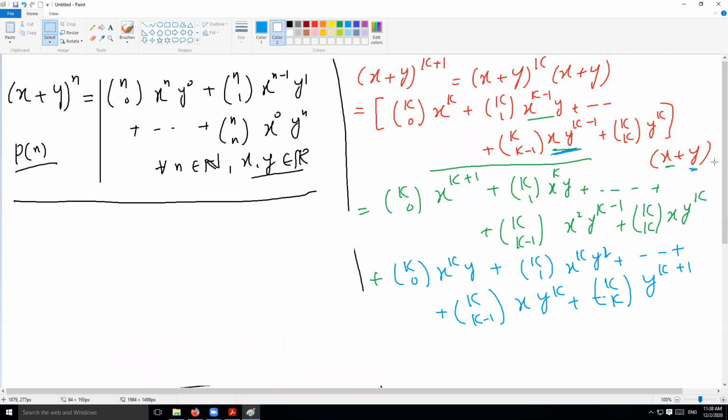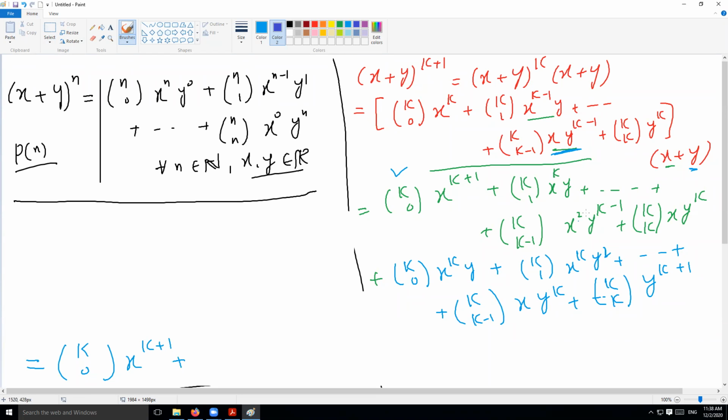The next thing should be, here's the key thing: to combine the like terms. So for example, let me write this long expression here. What is the first term? The first term is this: k choose 0, x^(k+1), plus.